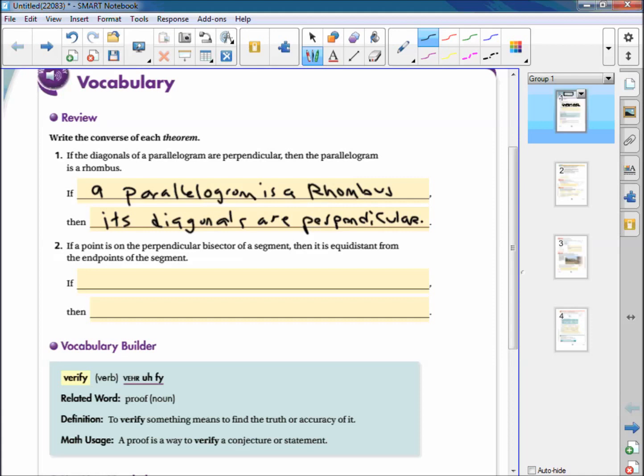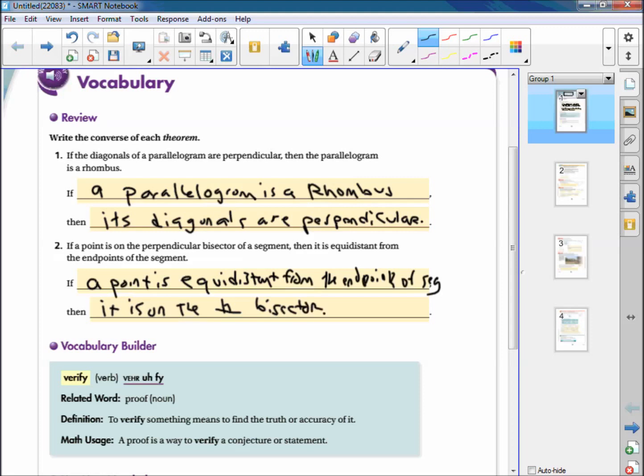And if we do the converse, then we would say this: if a point is equidistant from the endpoints of the segment, then it is on the perpendicular bisector of the segment. All right, so remember, just flip the hypothesis and conclusion to do a converse.